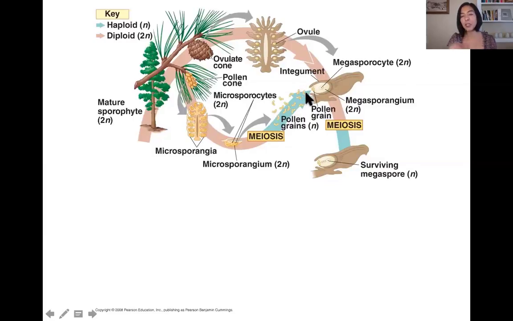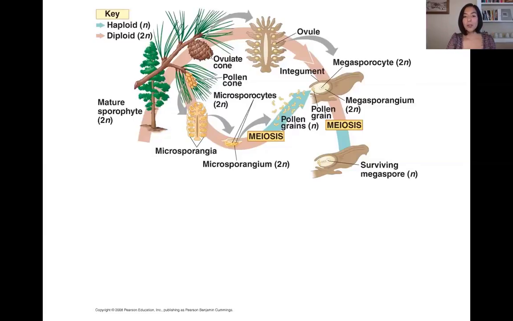And we're going to cover that in full detail next class. Now, this pollen grain is going to carry several cells, and these cells are haploid. This pollen now is going to remain there in the ovule on standby.